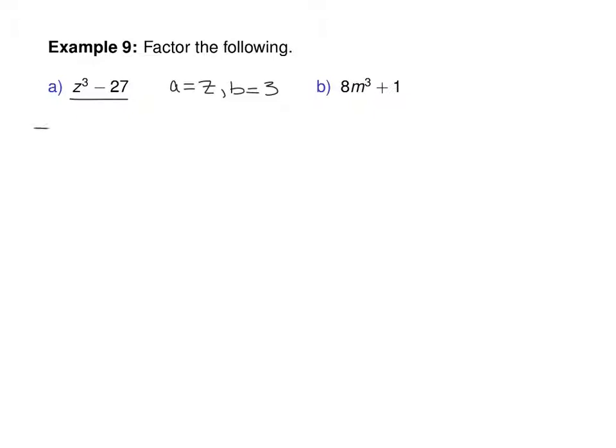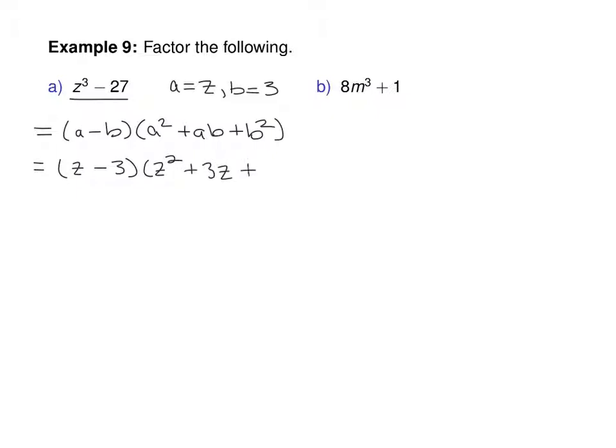And this will factor into a minus b, a squared plus ab plus b squared. So that's z minus 3 times z squared plus 3z plus 9.